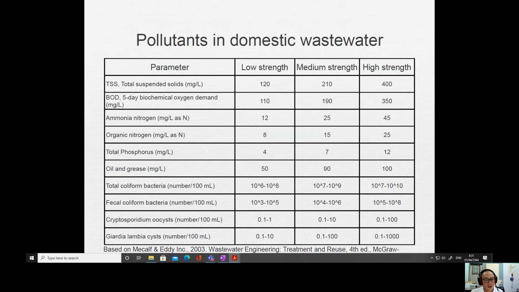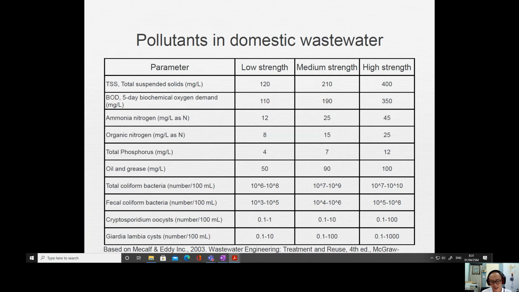The other parameters, for example, the bacteria or the pathogens, mostly the pathogens that are typically found in the septic tank or the human excreta, is the total coliform bacteria. But if we really find it in the human excreta, it is the fecal coliform bacteria.